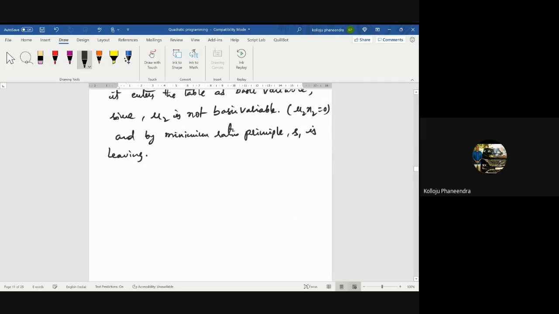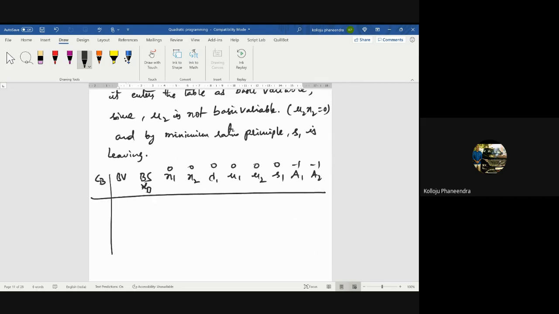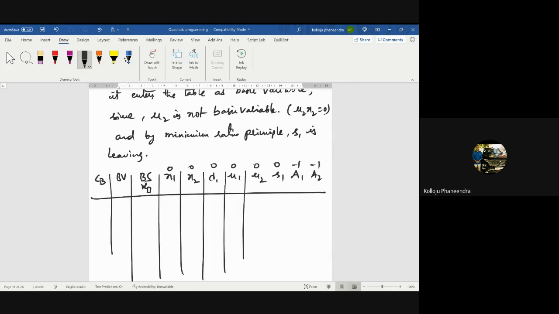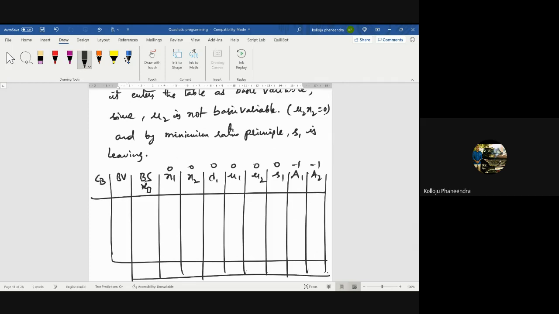Now next table: CB, basic variable, basic solution XB. Now all the variables x1, x2, lambda 1, mu1, mu2, s1, a1, a2, negative 1, negative 1. These are cost of the variable zeros. You apply the same method now, simplex procedure, right?